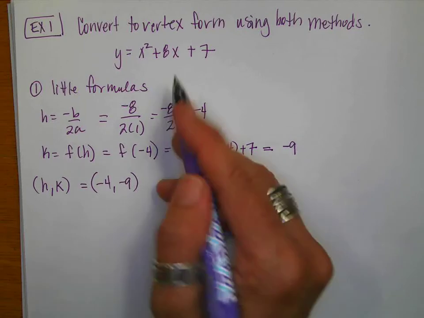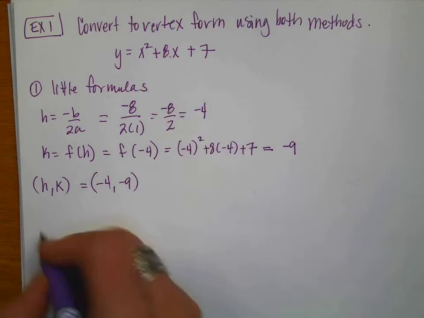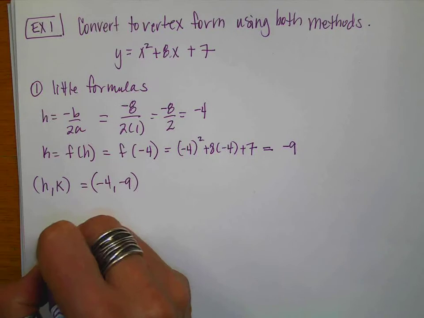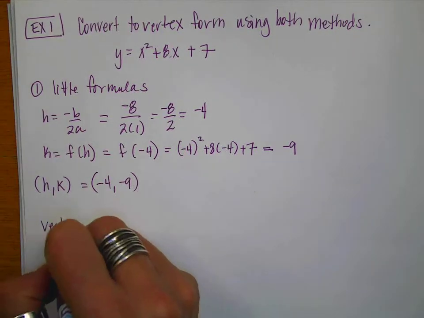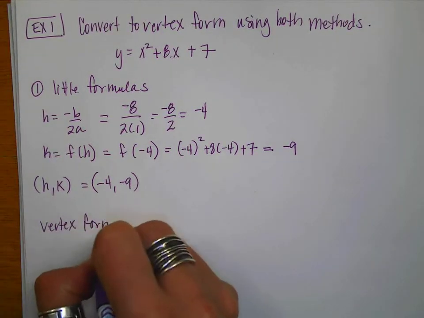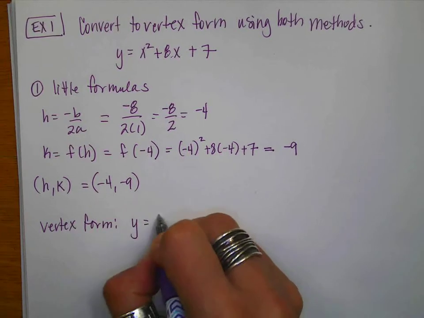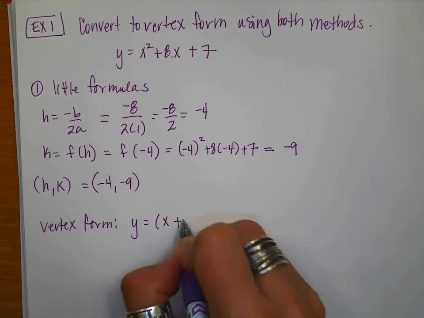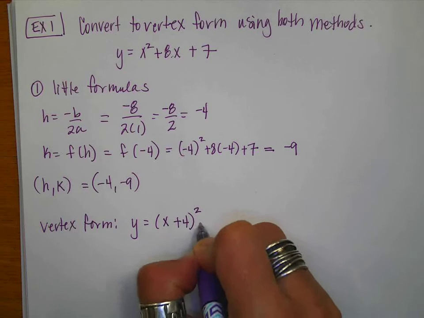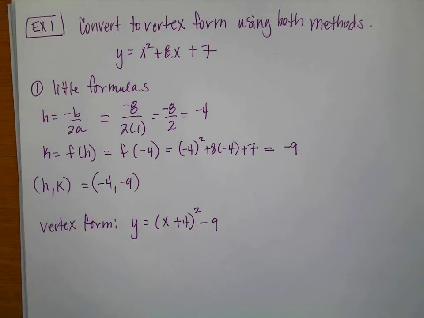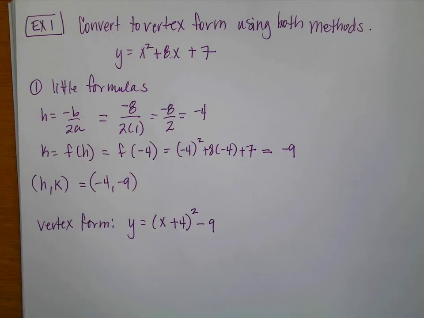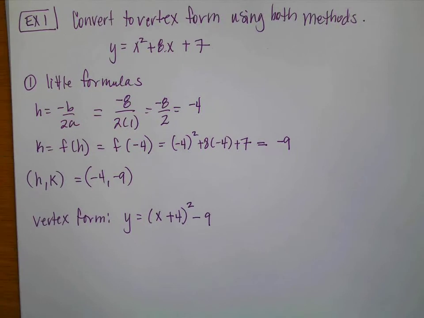So that wasn't horrible. And so when I rewrite this in vertex form, it is going to be y is equal to (x plus 4) quantity squared minus 9. So that wasn't horrible. Alrighty?